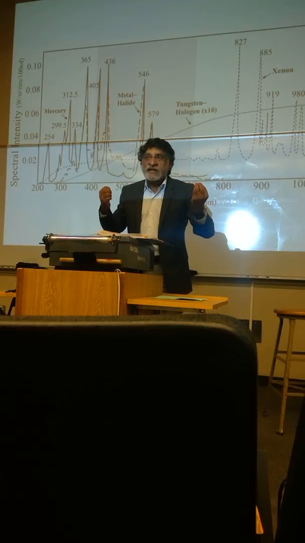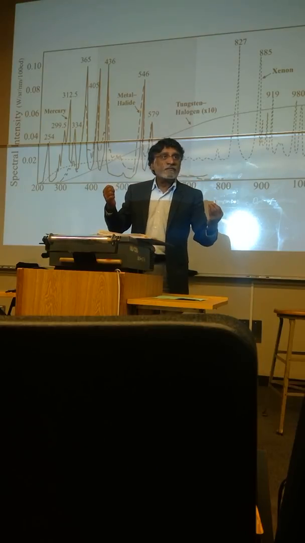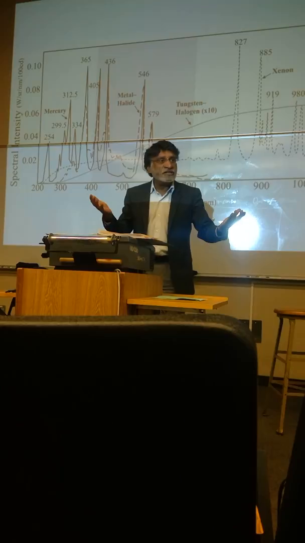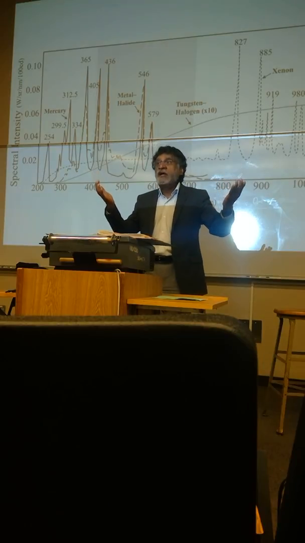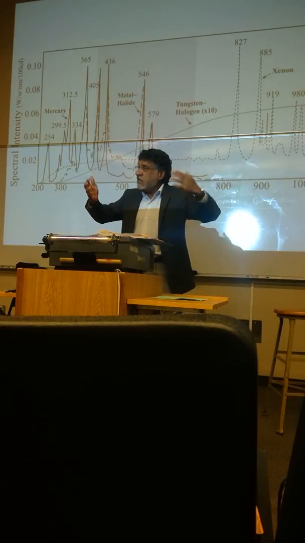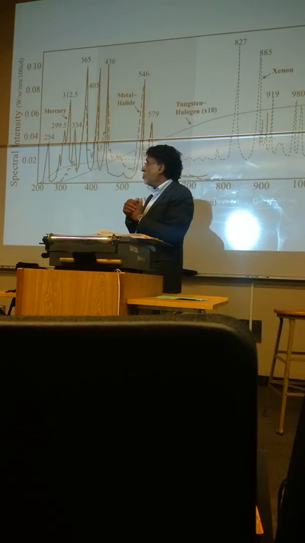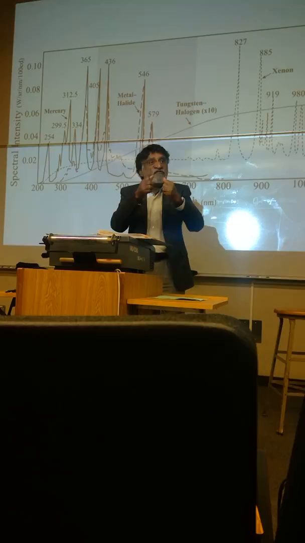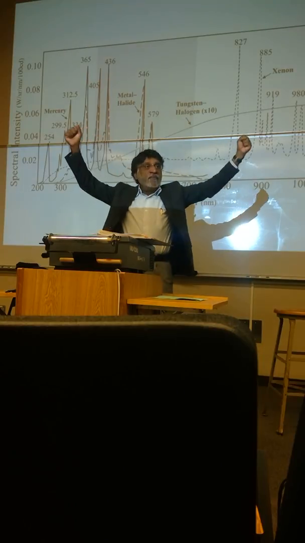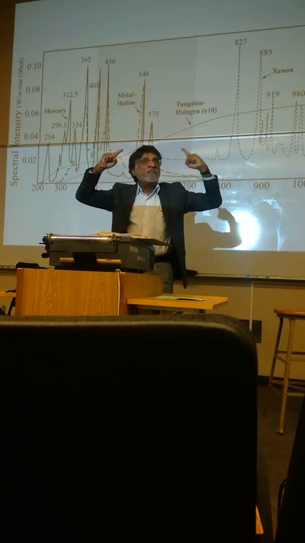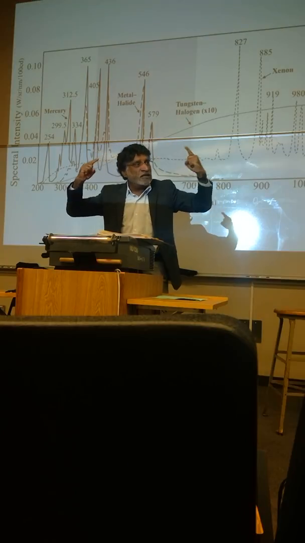Do you know what is the basic physics of this? Black body radiation. So the higher the temperature, the more light it emits, and so tungsten was the first source that was used because it was a refractory metal with a high melting point. These are important points you should remember. Why do people use tungsten?